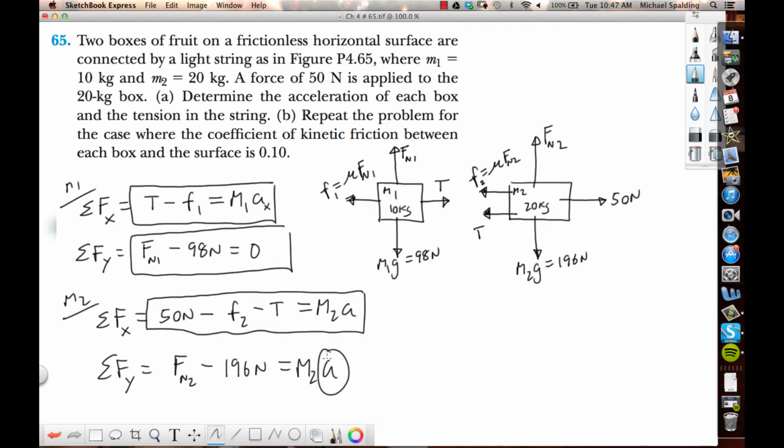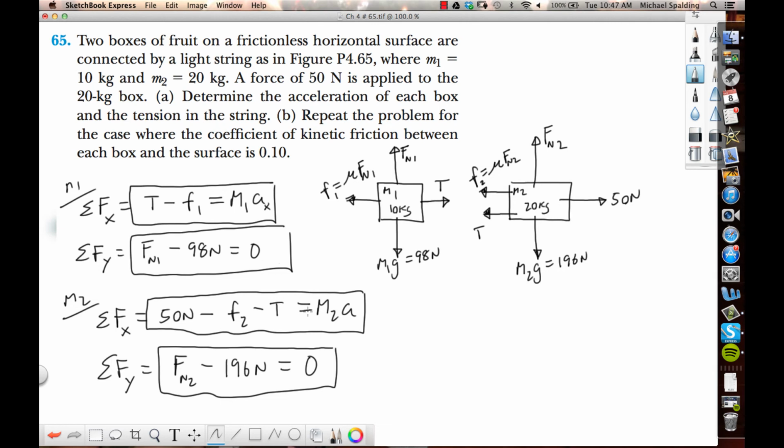What happens to this a right here? It goes to 0. There's no vertical acceleration. Now, in my opinion, the hard part's done. We did the free body diagram and summed the forces. The remainder of the problem is working the algebra.